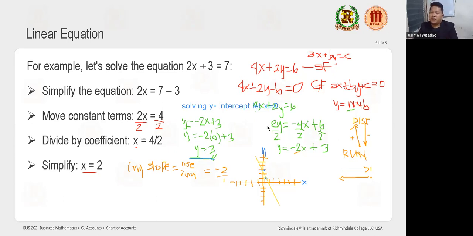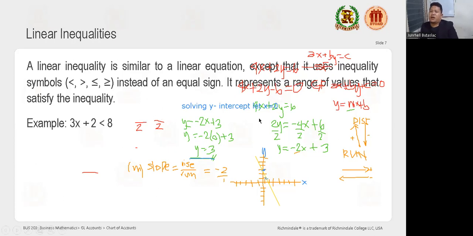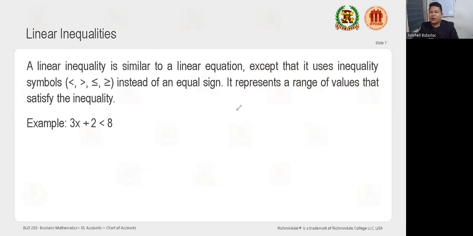Okay, so let's continue. Here we're already in linear inequalities. I think we can erase this, so clear all drawings. I hope you took a screenshot of it. Anyway, you can just review the video.